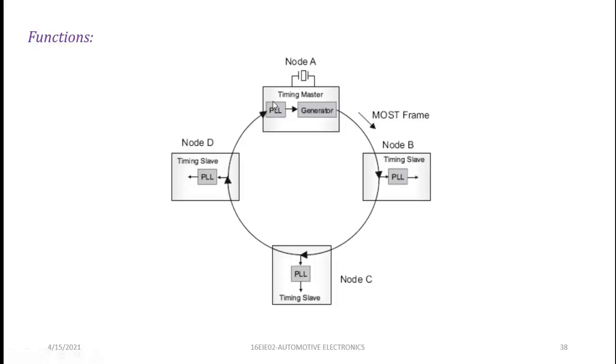How is the process going to take place here? The timing master periodically generates the frames. Okay, so here the frame is going to be generated, and one after the other each and every slave is going to receive the signal.